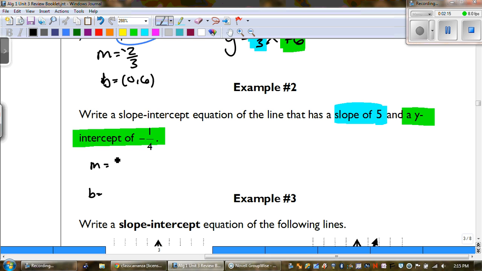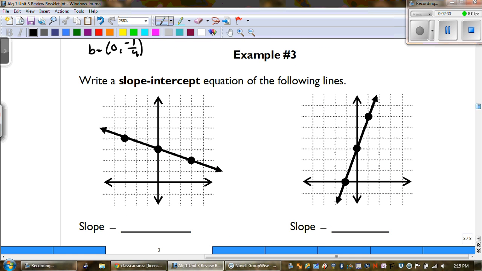So that's why I like to write slope of 5, our y-intercept is 0 and negative 1/4. So when we plug that in, you get 5x minus 1/4.